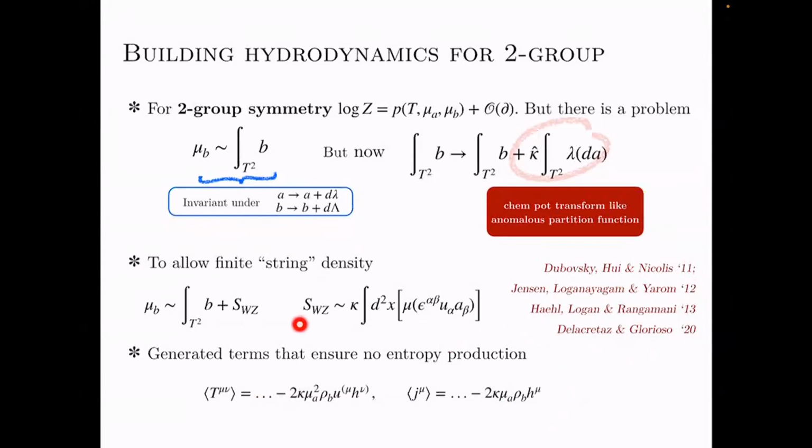It's a Wess-Zumino type term that looks like the following, where mu is the zero-form chemical potential and A is the background U1 field. You will see how this actually pops out in holography in a bit. But the point I want to mention is that for this thing to be consistent, it will generate a term in the T mu nu that looks like the following.